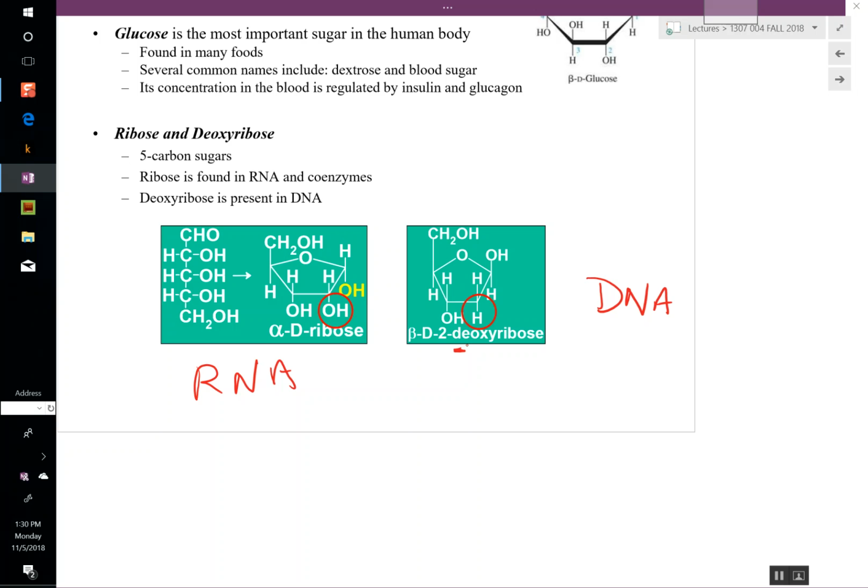That is a very unusual monosaccharide. And it makes up the sugar phosphate backbone of your DNA molecules. It has a very unusual sugar in the sugar phosphate backbone. It has stripped off one of the oxygens.